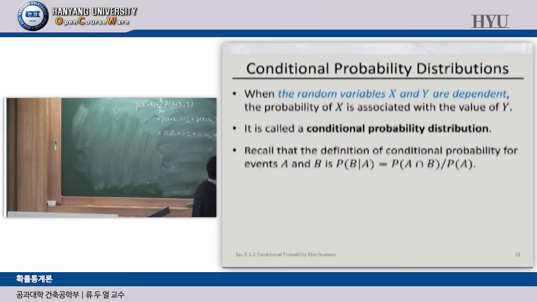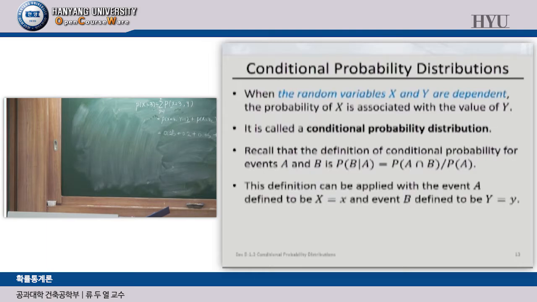And recall the definition of the conditional probability in chapter 3 for events A and B, written by this equation: the conditional probability of B given A is equal to the probability of the intersection of A and B over the probability of A. Do you remember this equation? This definition can be applied with the event A defined to be x is equal to small x and the event B defined to be y is equal to small y.